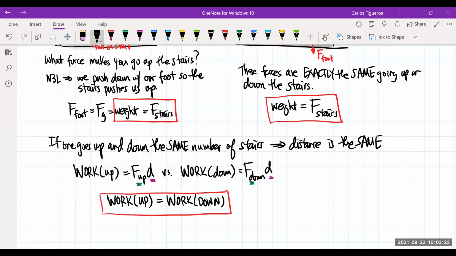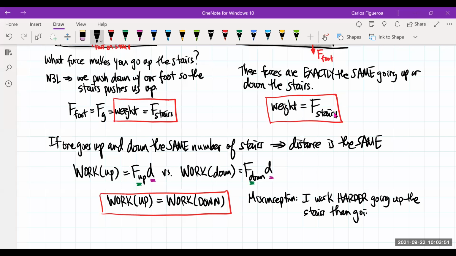Right? What's the misconception here? The misconception says, I work harder going up the stairs than going down the stairs.